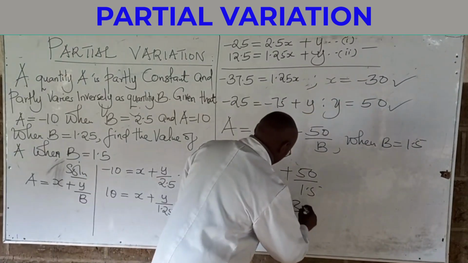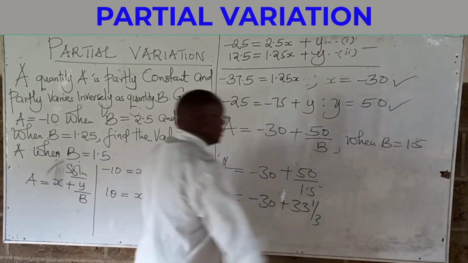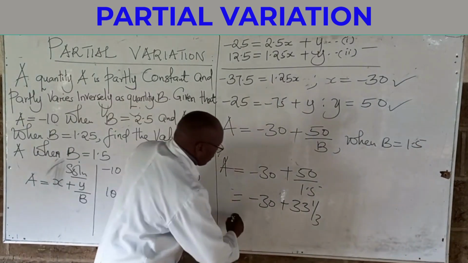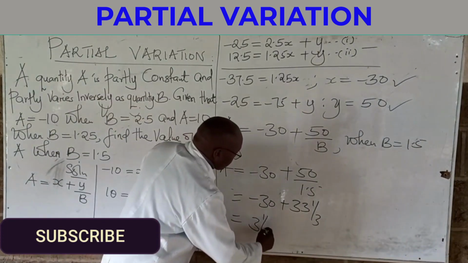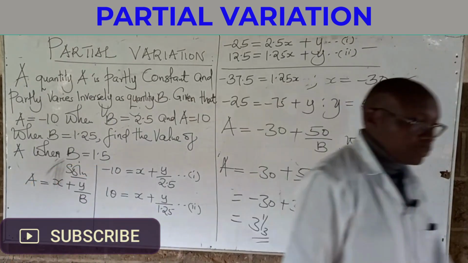This will give 33 and a third. So negative 30 plus 33 and a third. Hope you followed. And this will give 3 and a third as the value of A. And that is how we're supposed to solve that question.